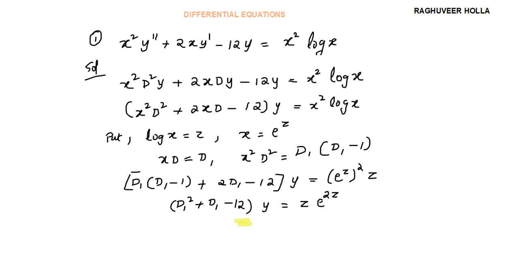So let us solve this. The auxiliary equation corresponding to that would be m square plus m minus 12 is equal to 0. So we get the roots as m equal to 3 comma minus 4, right?